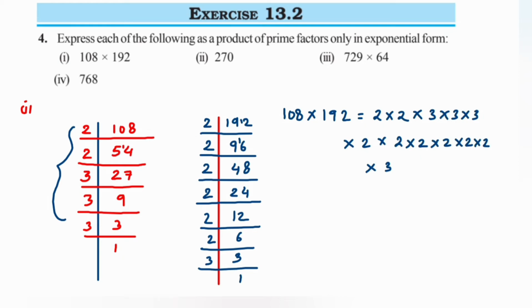So this is 1, 2, 3, 4, 5, 6, 7, 8. So we'll get here 2 to the power 8 multiplied by, similarly the next one, 3. We are multiplying 3 one, two, three, four times, so 3 to the power 4. So this is the answer here. We have written the given question as a product of prime factors in exponential form. Now the same way you should do the other problems also.